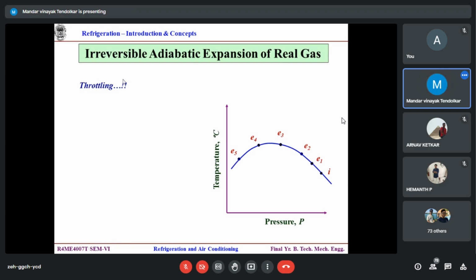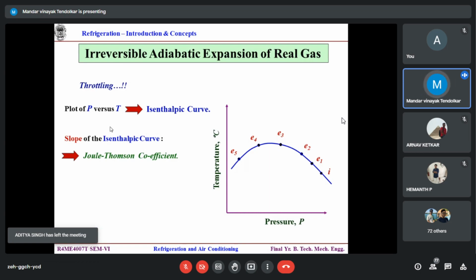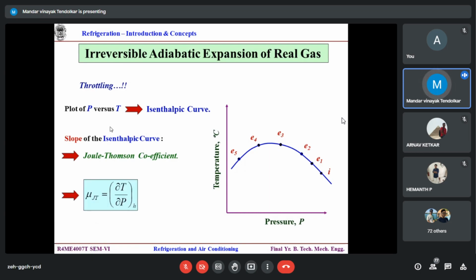Chapter 2, control volume analysis, same. Okay, so this is temperature versus pressure, the isenthalpic curve. Then we call this the Joule-Thomson coefficient, mu JT, del T by del P at constant H, and we observe that this is the actual physical phenomenon getting executed in your domestic refrigerator.